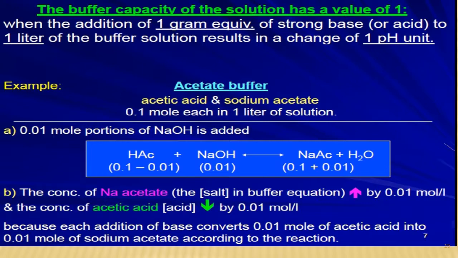So for the sodium salt we add 0.01, and from the acid it will be decreased by 0.01. The concentration of sodium acetate, the salt, in the buffer equation increases by 0.01 as I said, and the concentration of acetic acid will be decreased by 0.01.